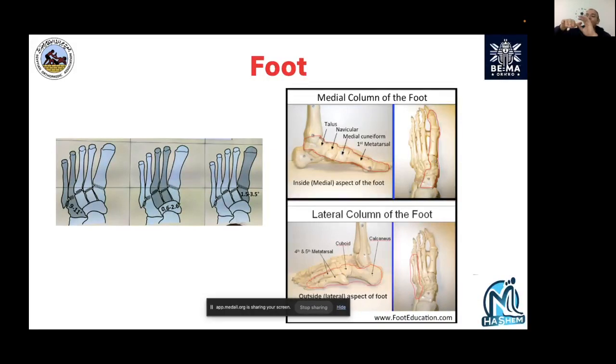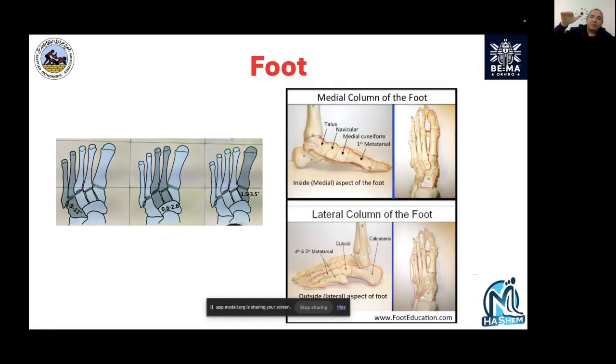On the other side, when you fuse the first ray, or the medial column, you have to be very careful about where and how you do a Lapidus procedure, because if you fuse it in the wrong position, flexed and lowering the arch, you will end up with an iatrogenic flat foot. So even if you have to fuse, you have to fuse it at about 1.5 to 3.5 degrees of flexion.